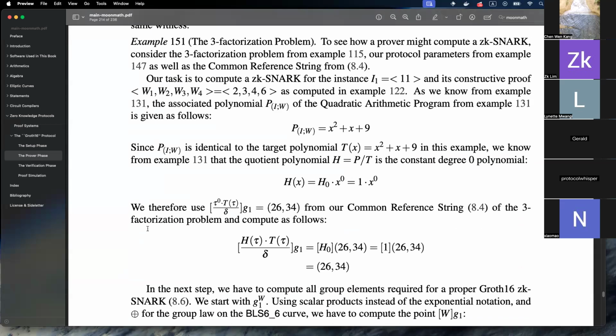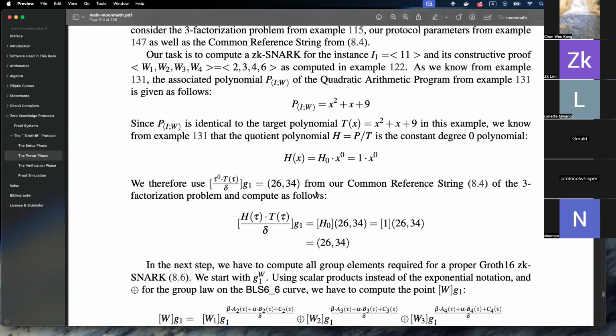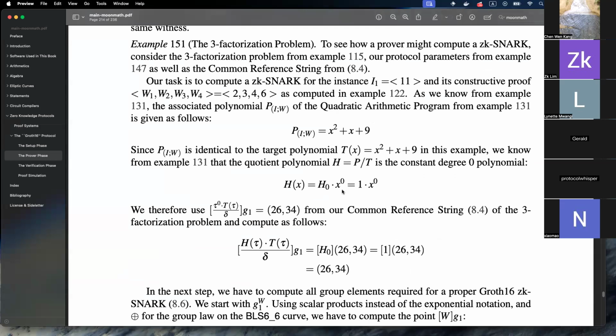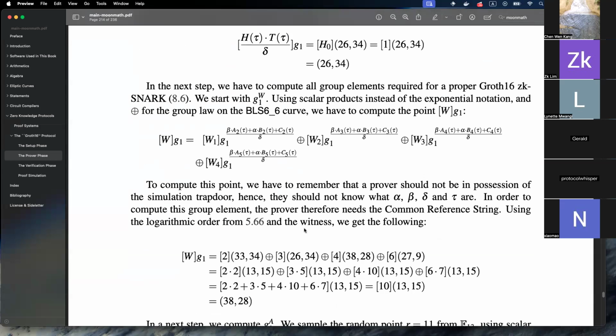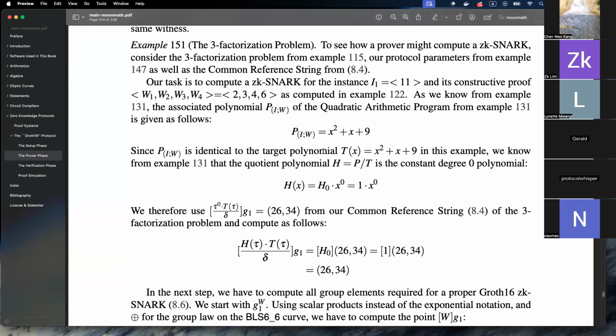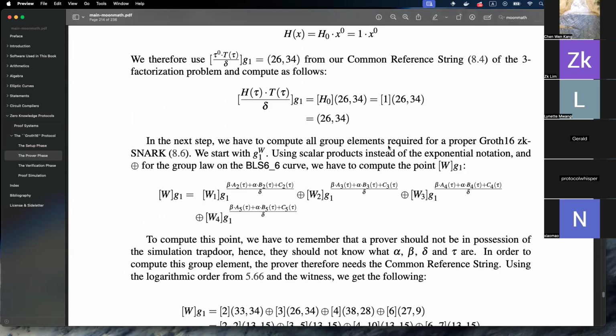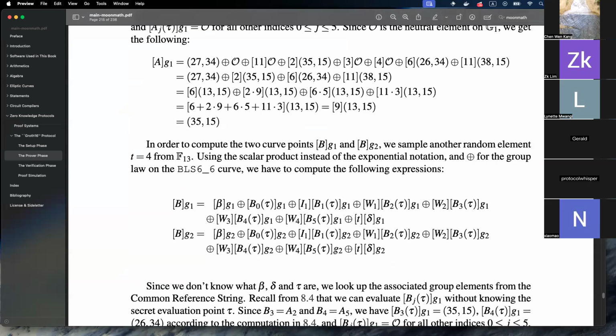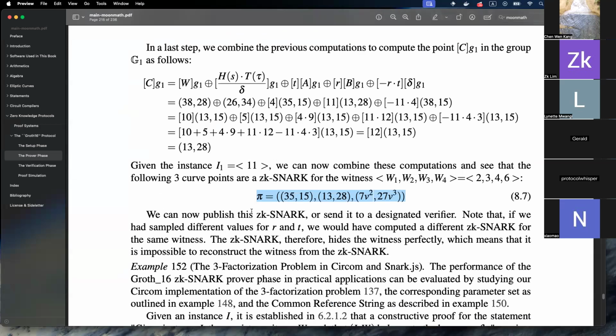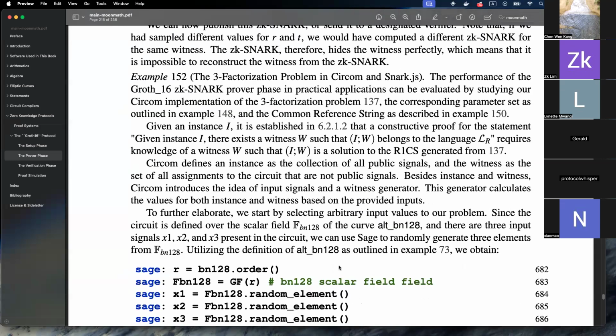A lot of it we want to calculate. So let's say, for example, if we want to evaluate the circuit itself on some points, when we calculate the values, we can very easily just use the common reference string as shown here, right? So with this, we can now share this proof with any person who wants to verify it, and then they can verify it.